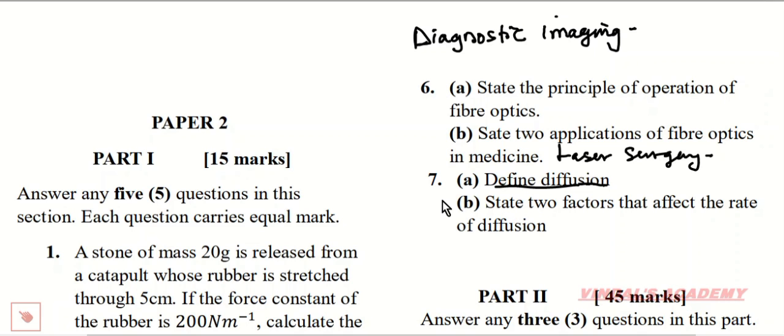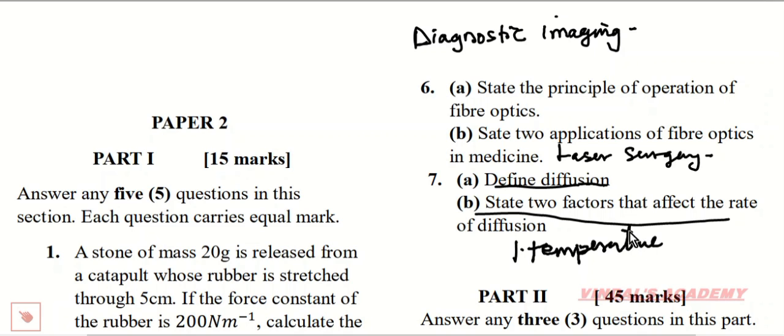Now, the next question says, state two factors that affect the rate of diffusion. That means for a substance to diffuse, the temperature must be there. Temperature of the environment is very important. The first one there is temperature of the environment.